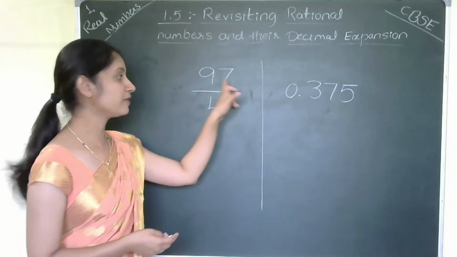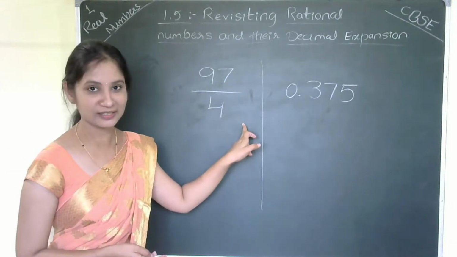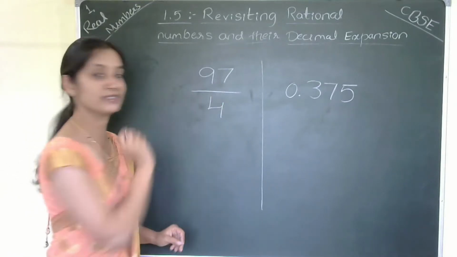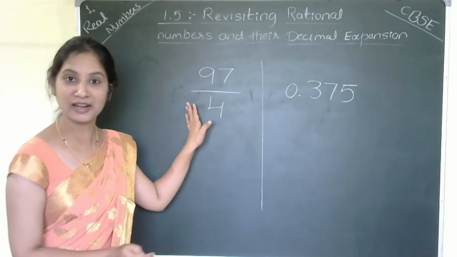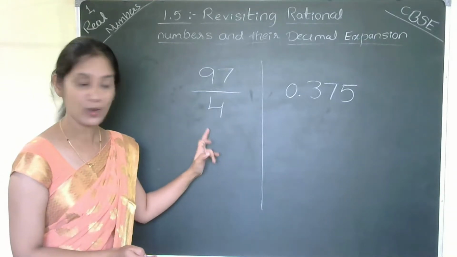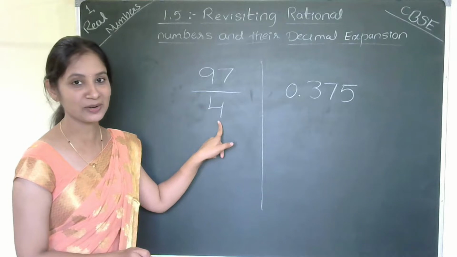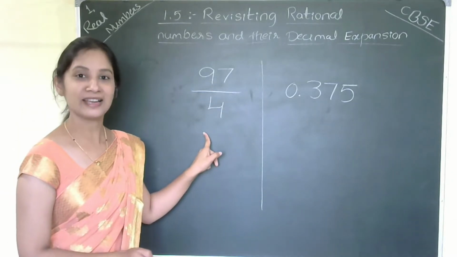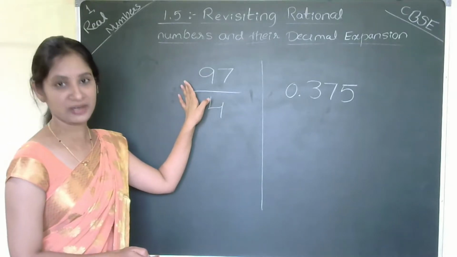That means we are observing a numerator and a denominator, right? The denominator is 4 and the numerator is 97. It is a rational number because we represent it as p by q where q is not equal to 0 and these two are integers. So it's a rational number.